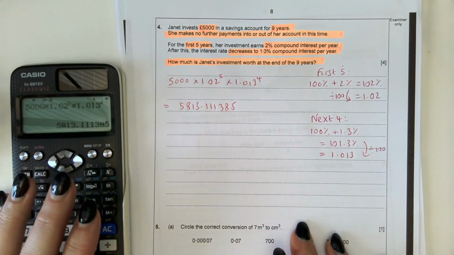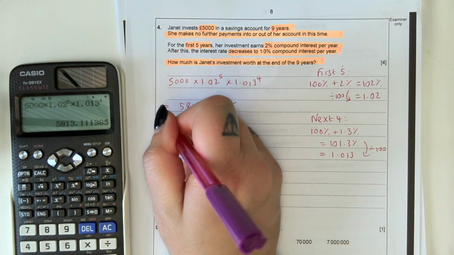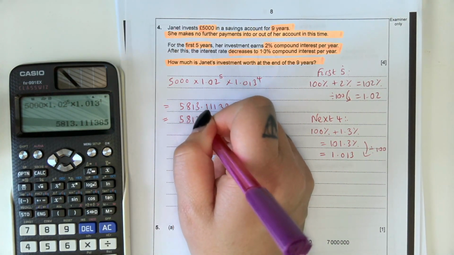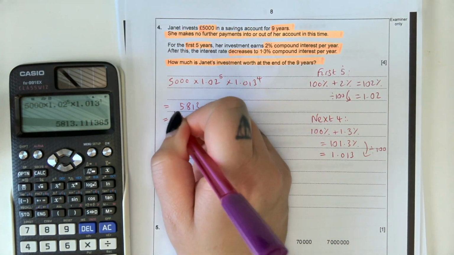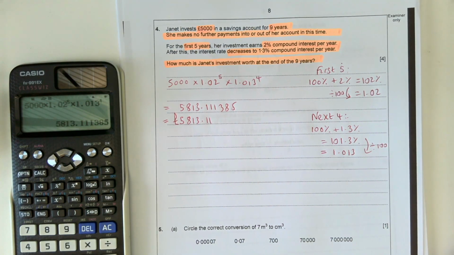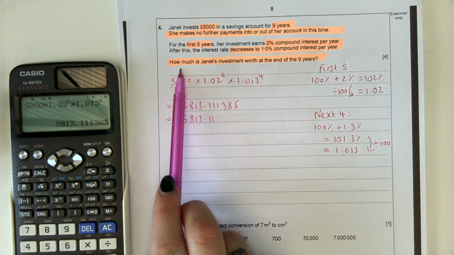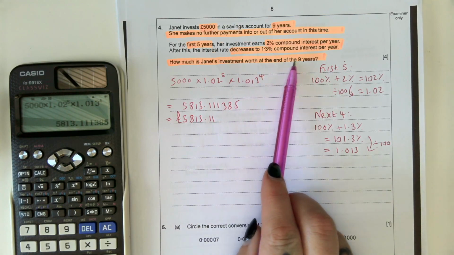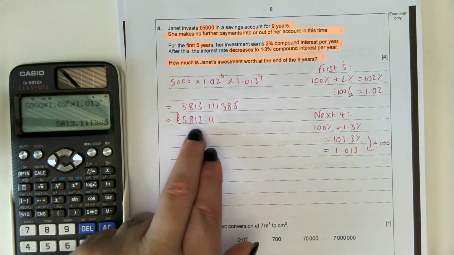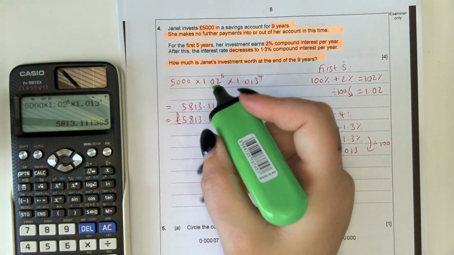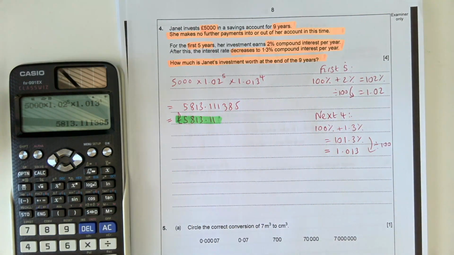We're working with money, guys, so we want to work to 2 decimal places. So that would be £5,813.11. Let's check what the question's asking us for. How much is Janet's investment worth at the end of the 9 years? Well, this is how much the investment is worth. That's what will be in the account at the end of the 9 years.